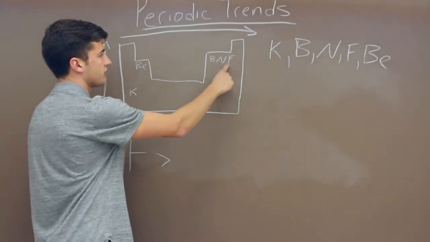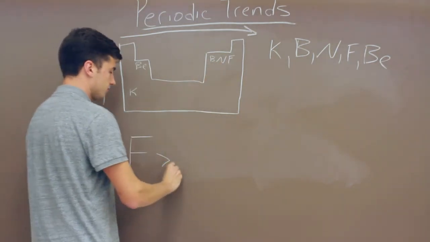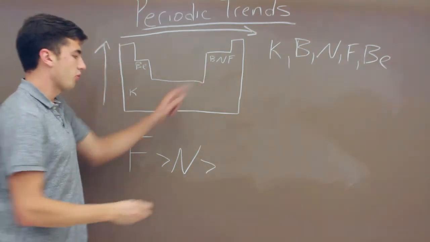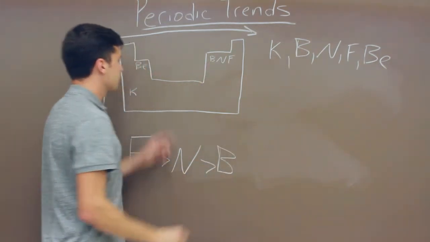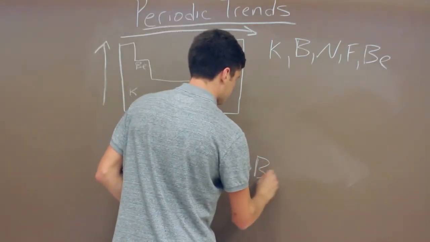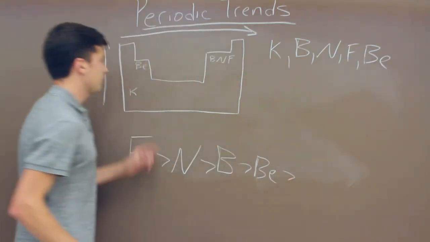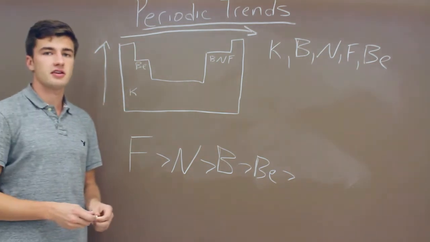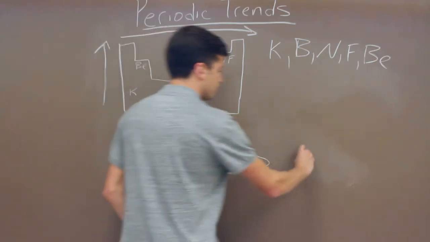So we have fluorine first. Next largest electronegativity is nitrogen, then boron. Then we come over here to beryllium, further to the left. And then we go down two groups, and that shows us that potassium is the least electronegative element on our list. So it goes here.